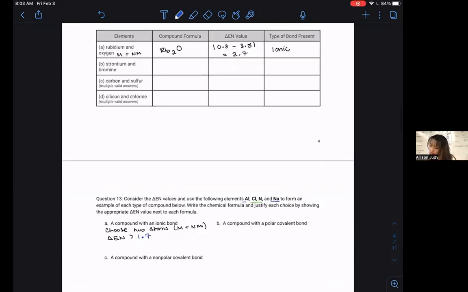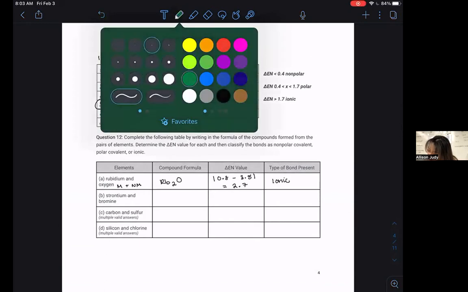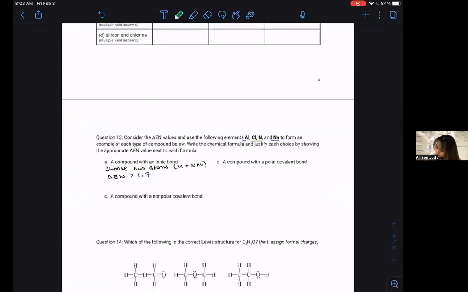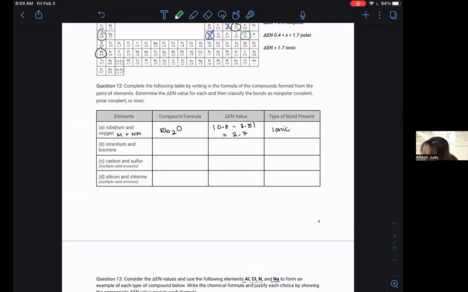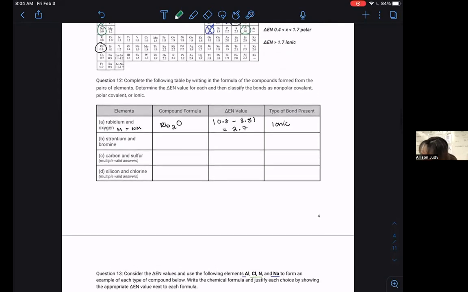Okay. How about sodium and chlorine? Let's do sodium and chlorine. I'm doing green. Sodium, and I'm going to erase that, and chlorine. Okay, that's a difference of 0.9 and 3.0.